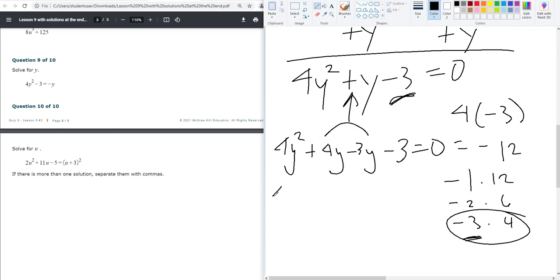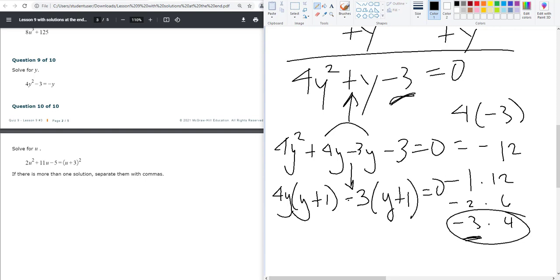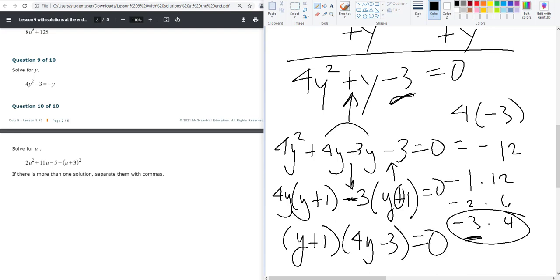But I like this 4y is going to come out of the first two, y plus 1. Drop your sign, take out the common, 3. And look, this has to be a y plus 1 because a negative and a positive make that negative. So it's y plus 1 times 4y minus 3 equals 0.